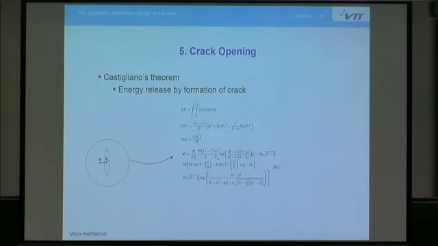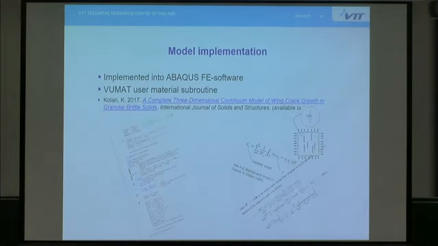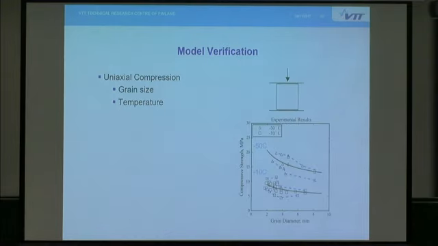And then the final thing is the opening of cracks. I've simply applied Castigliano's theorem based on energy release by formation of crack. So now we have everything. I've implemented this model in the Abaqus FE software as a user material model in explicit form, and here we have verification results.